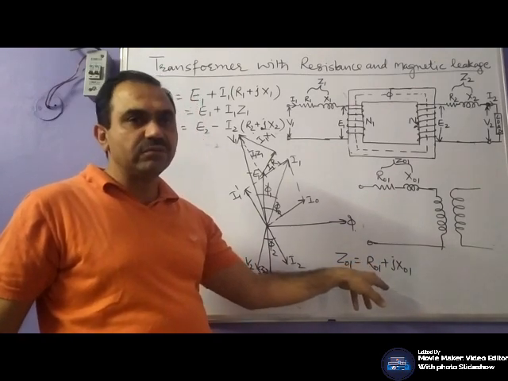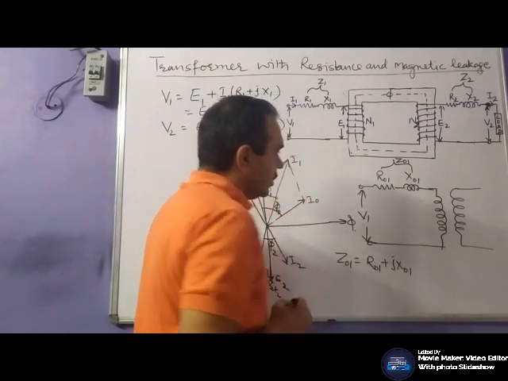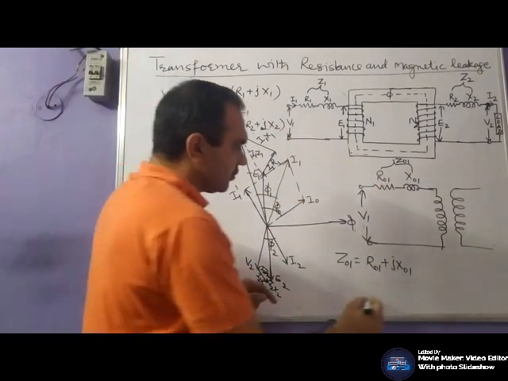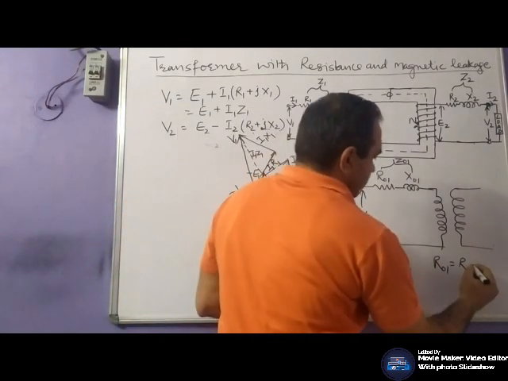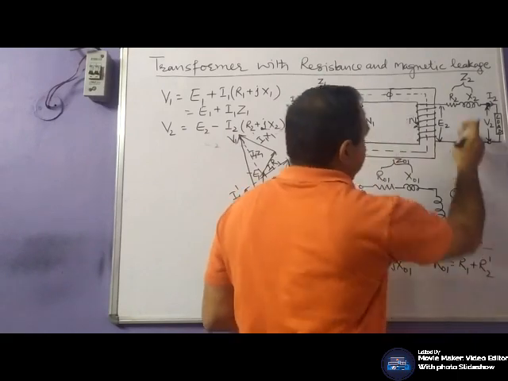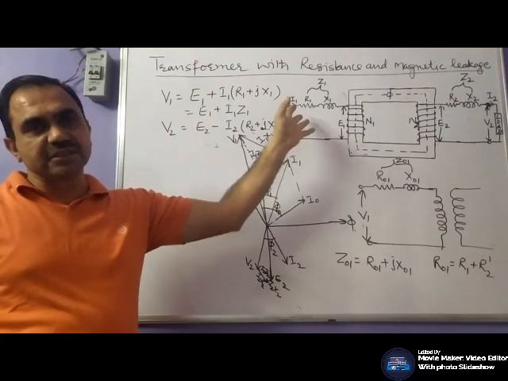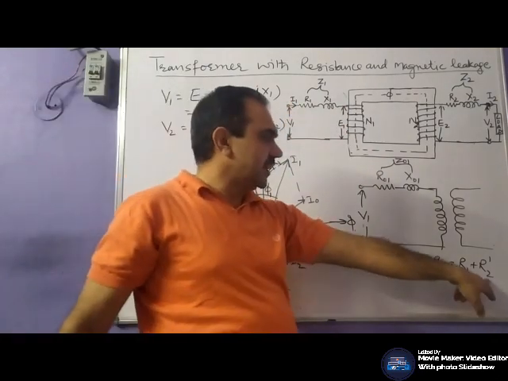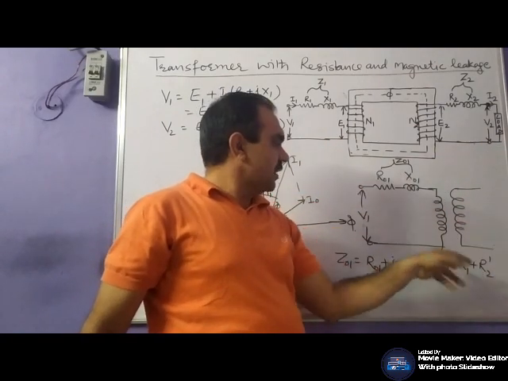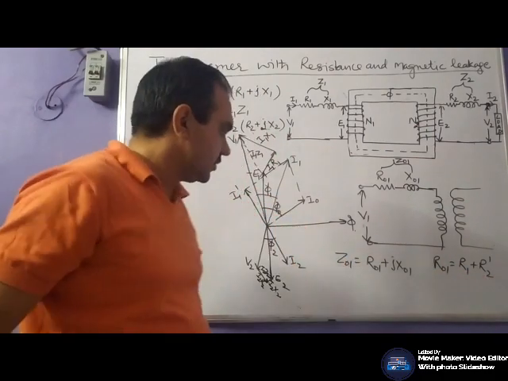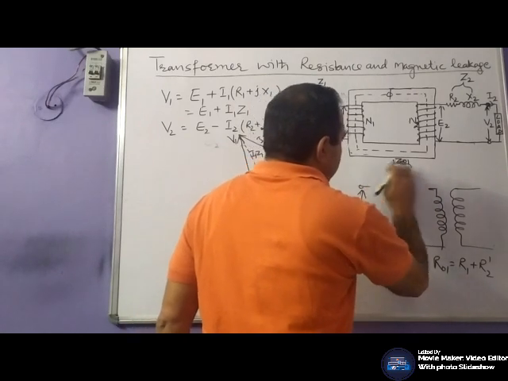Equivalent resistance referring to primary side R01 is R1 plus R2 dash, the secondary resistance referred to primary side. We have already discussed how we will find out the equivalent resistance referring to primary. Likewise, we can transfer these parameters on the secondary side.